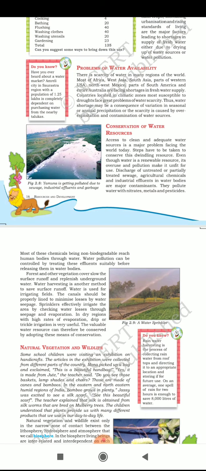Laws have been made to prevent the hunting of birds and animals, right? Wildlife sanctuaries, biosphere reserves, and national parks have been established by the government for the conservation of wildlife. The Convention on International Trade in Endangered Species of Wild Fauna and Flora is an international agreement to conserve species of plants and animals.